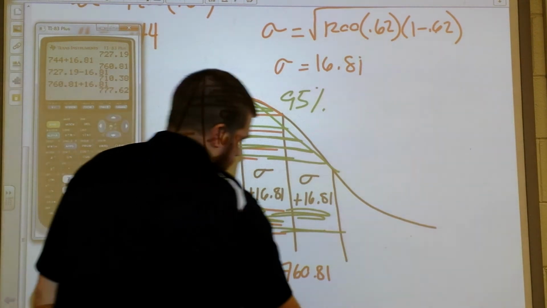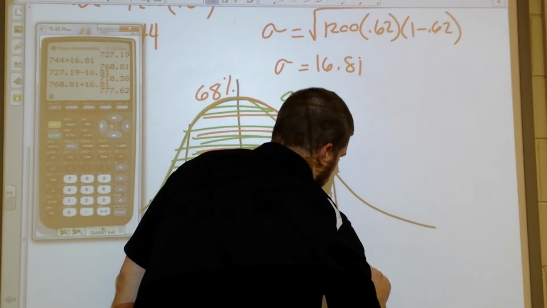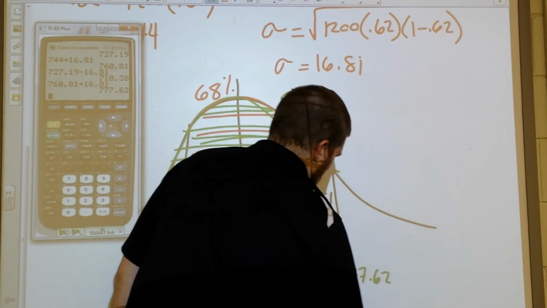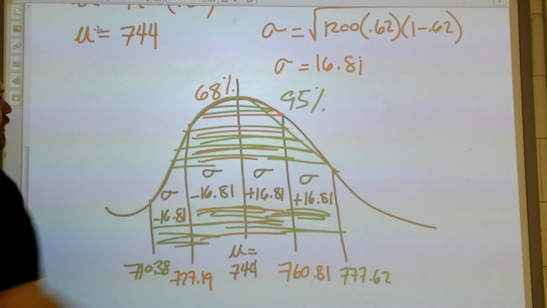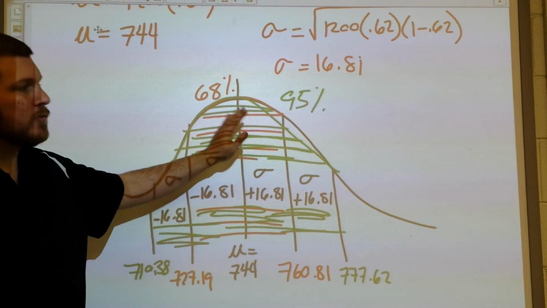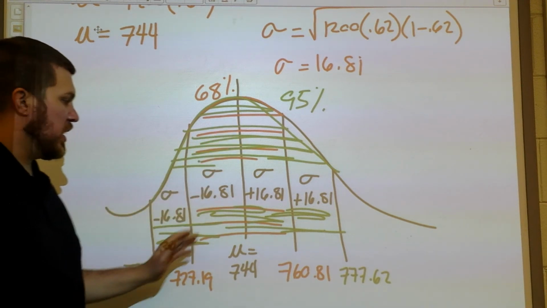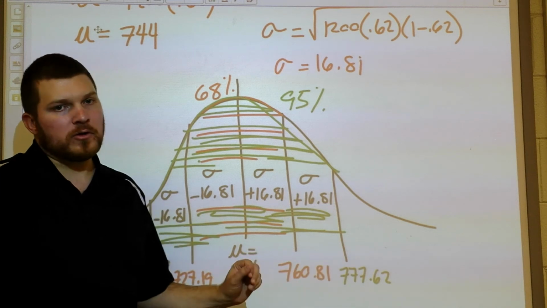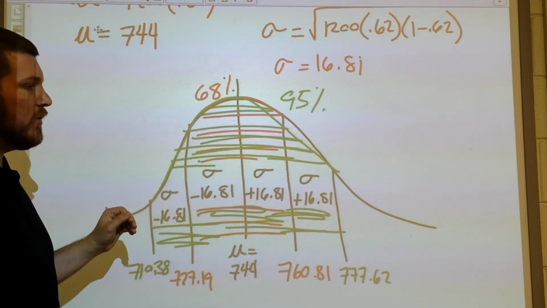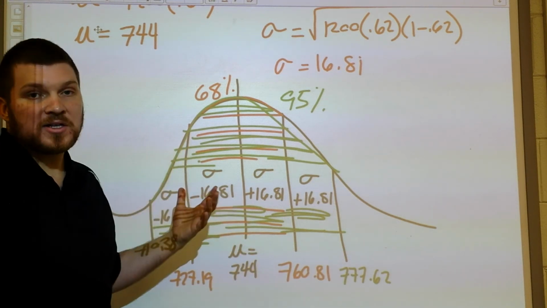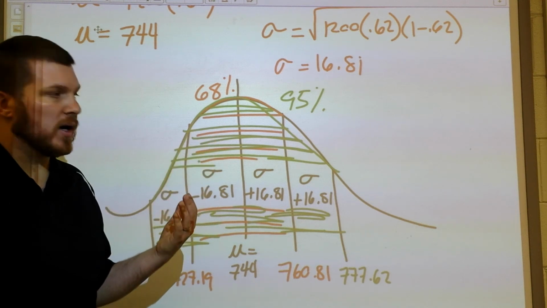That's 777.62. So what we're saying here with our 95% confidence interval, which is illustrated in green, is that somewhere between 710 and 778 voters out of the 1,200 that were sampled will say yes, they want to approve the school bond.